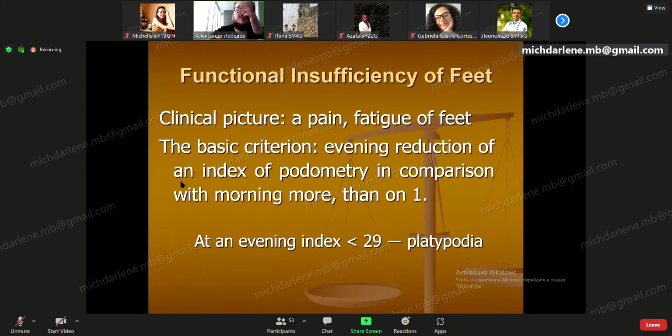If you examine a child with these problems, usually they tell you, doctor, I can't play, for example, football. I can play other games because I tire so fast, and the other boys proceed with the game, and I can't do that.